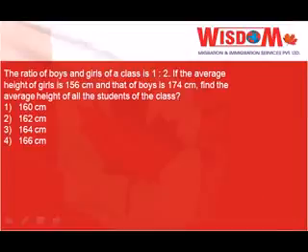So this question says the ratio of boys and girls in the class is 1:2. If the average height of girls is 156 centimeters and that of boys is 174 centimeters, we have to find the average height of all the students in the class.